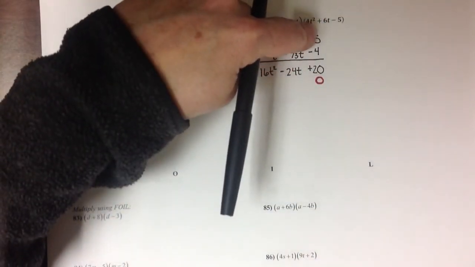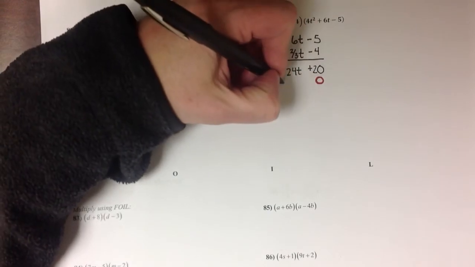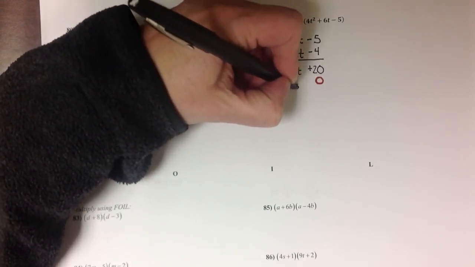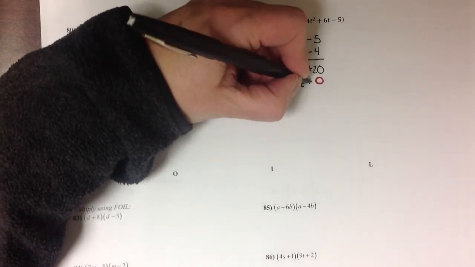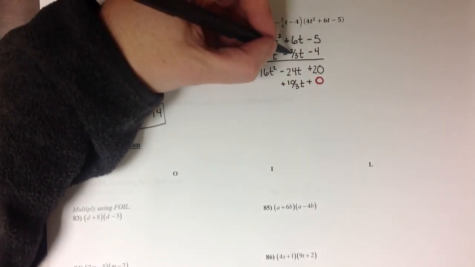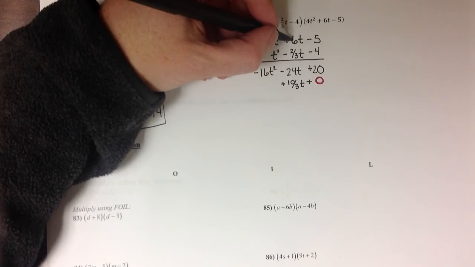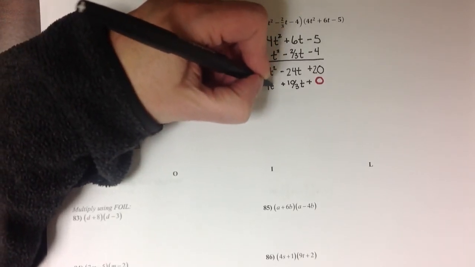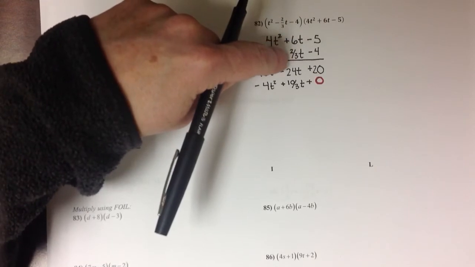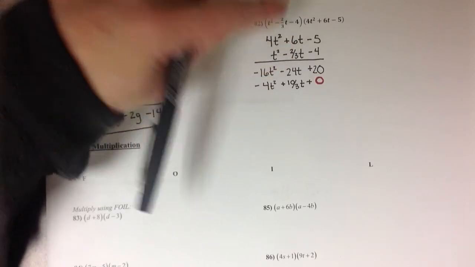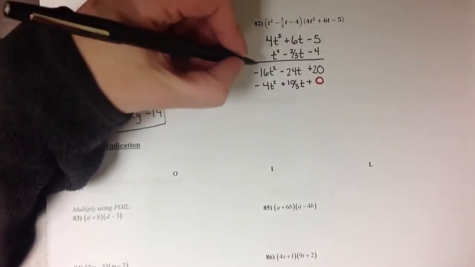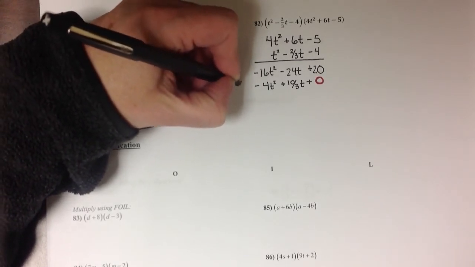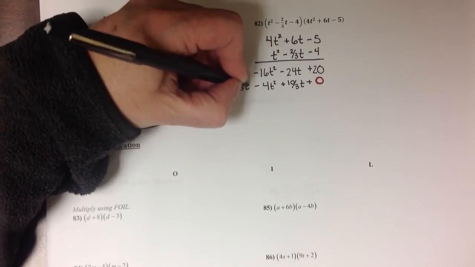Negative 2/3 times a negative 5 is going to give me a positive 10 thirds t. Negative 2/3 times a positive 6 would give me a negative 4t squared, and negative 2/3 times a positive 4t squared is going to give me a negative 8 thirds t to the third.